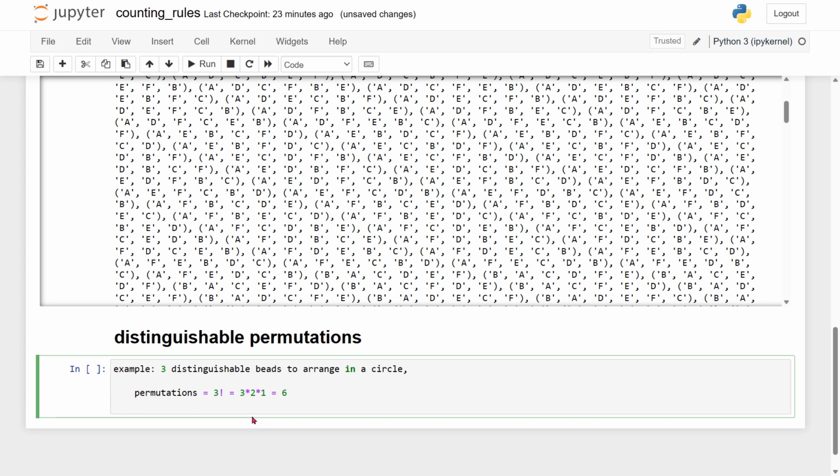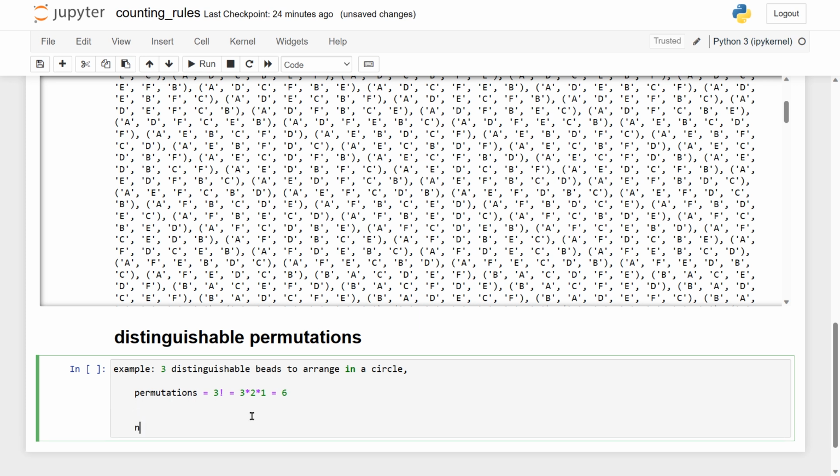But we need to divide by 3, since there are 3 different ways to rotate the circle and produce the same arrangement. Therefore, the number of distinguishable permutations is equal to 3 factorial divided by 3, which is 6 divided by 3, which is 2.